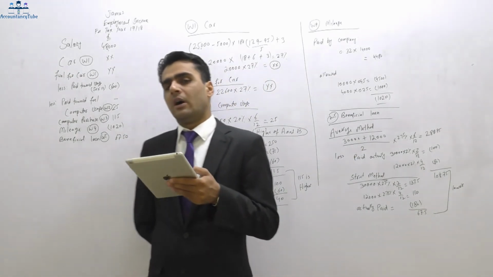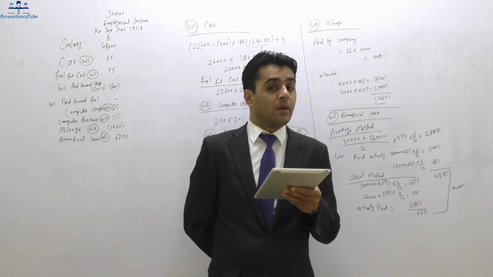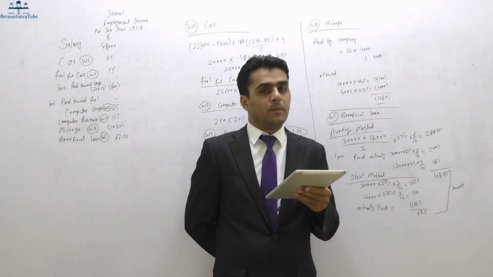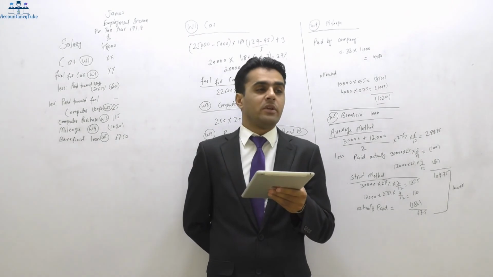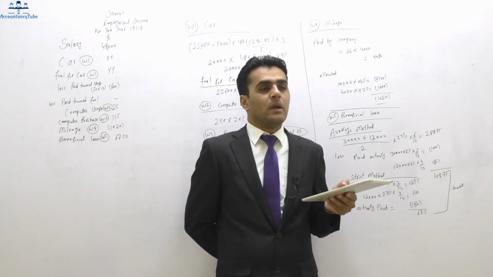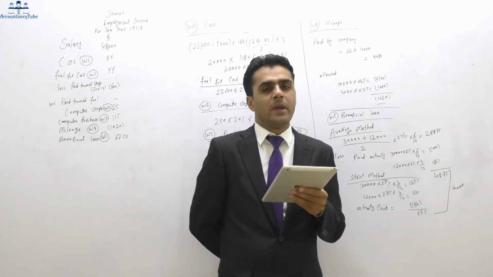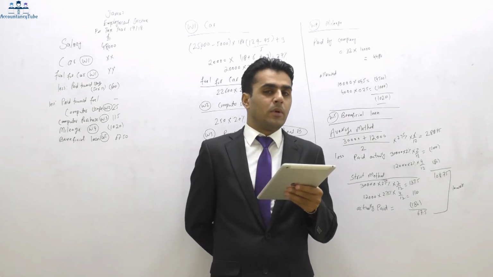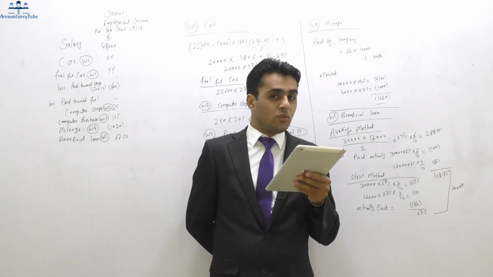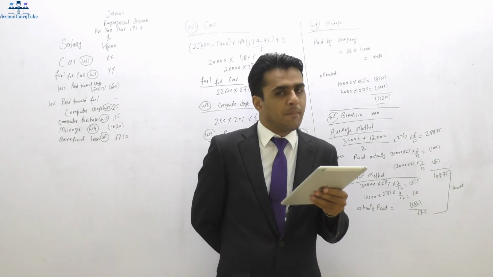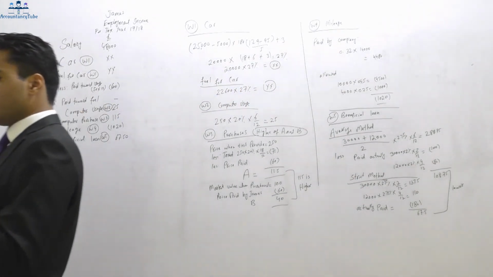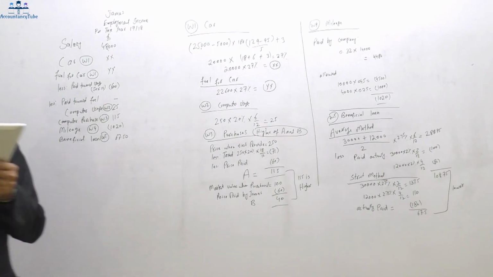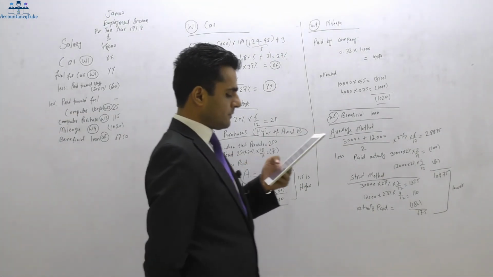However, golf clubs are also provided to the general public, so it's not specially for the employees. However, if there is a golf club specially for the employees, built by a very big company, only for the employees, then it will come under this benefit and it will be exempt. However, for golf club membership we haven't studied any rule, so rule number 42 will apply. So it will be wholly taxable.